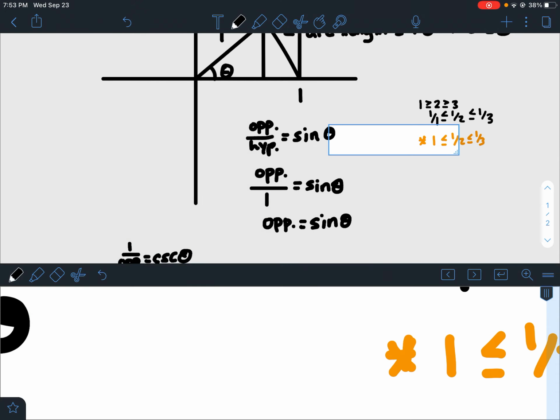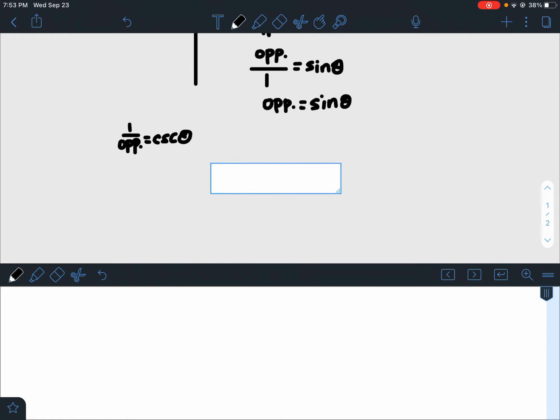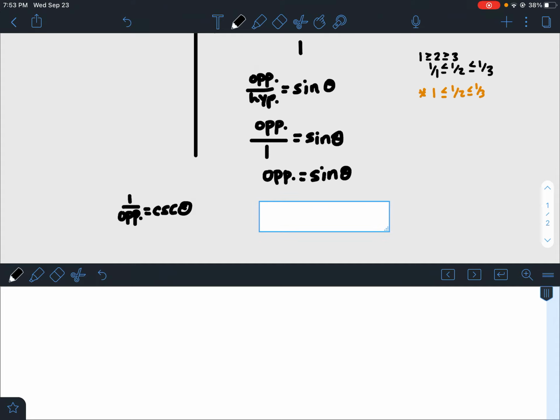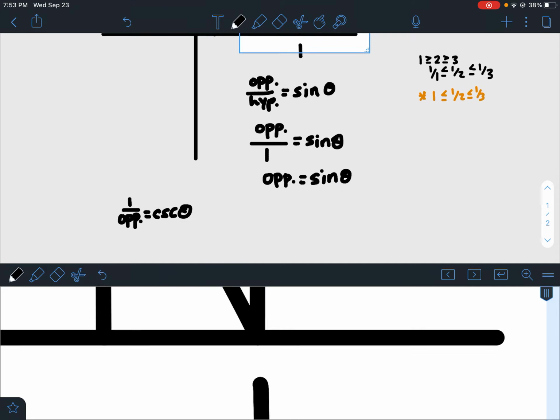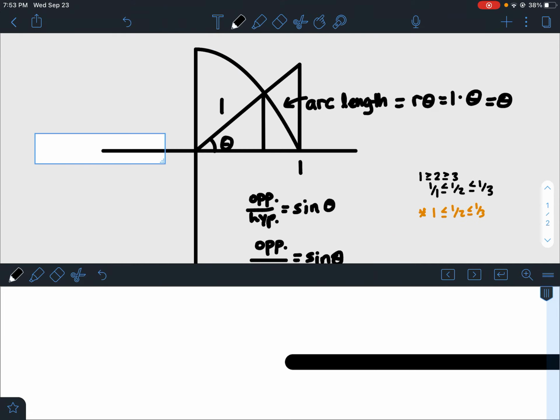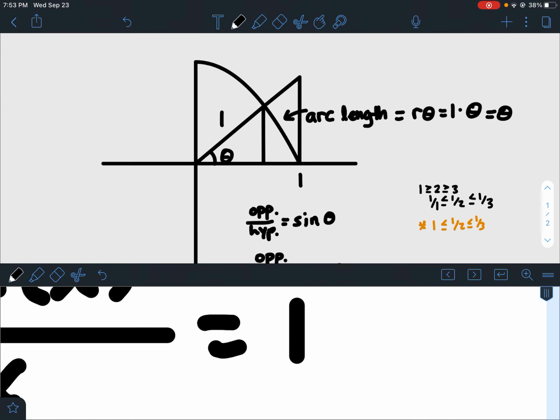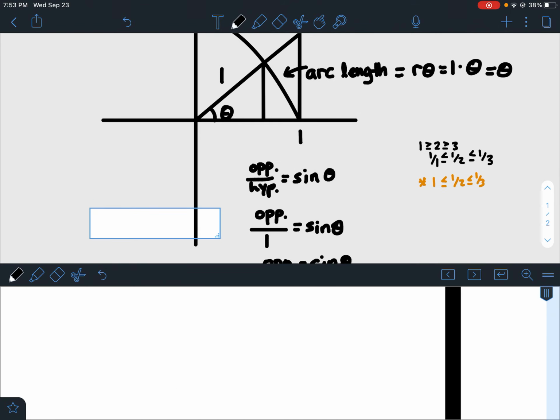and with that, we know that our sine theta is equal to, as we can see, the sine of theta.